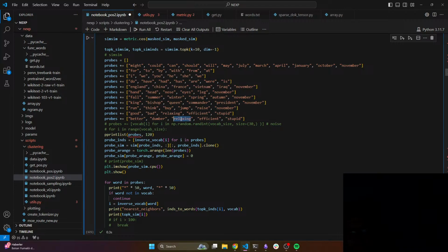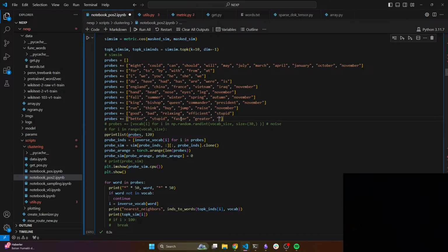Dumber, faster, greater, what else? Whiter?